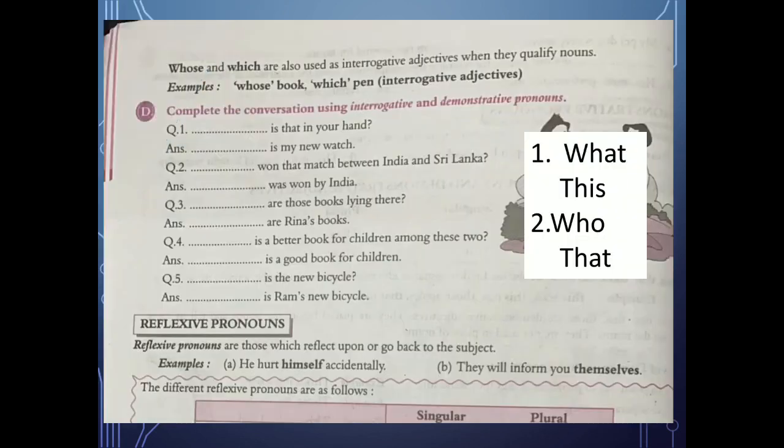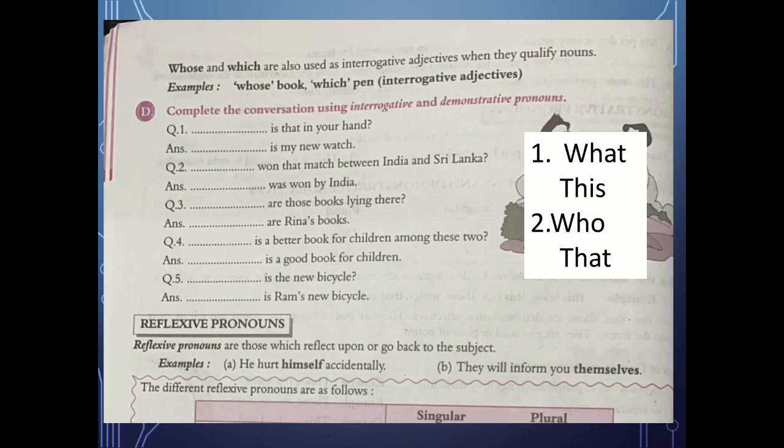D. Complete the conversation using interrogative and demonstrative pronouns. 1. Dash is that in your hand. So the answer will be what. What is that in your hand? This is my new watch. Next.